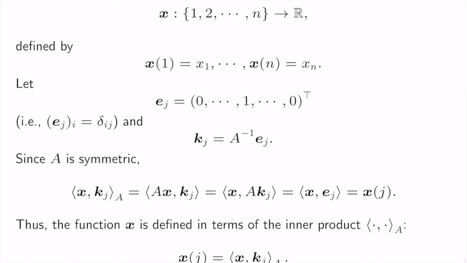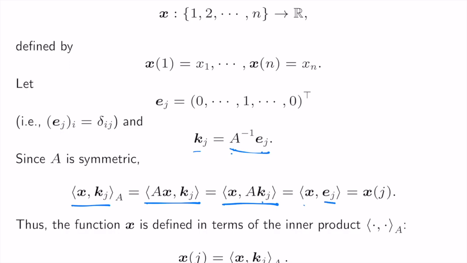So now let's consider this positive definite inner product between x and k_j. And by definition, we have this, and because A is symmetric, the place of A can be swapped, but k_j is A inverse e_j, so A times this is just e_j.